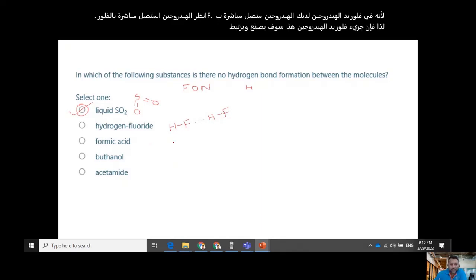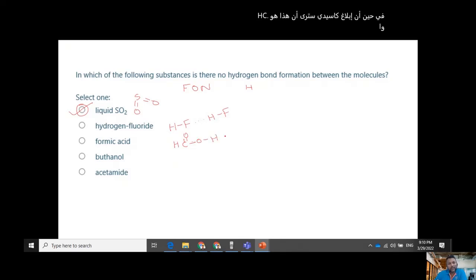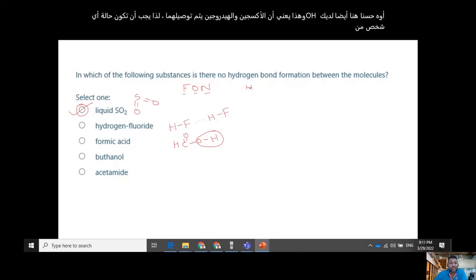Whereas in formic acid, you will see that is HCOOH. Okay, here also you have OH. That means oxygen and hydrogen are connected. So the condition, any one of these atoms must be present there, and that must be connected with the hydrogen atom.